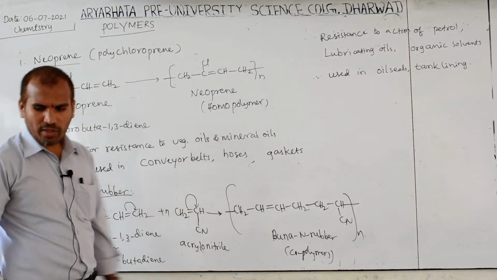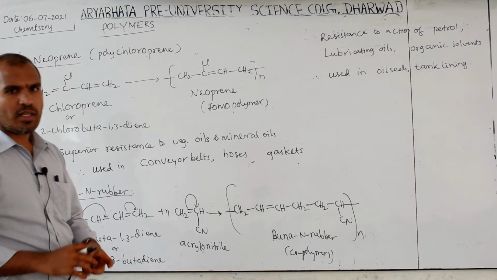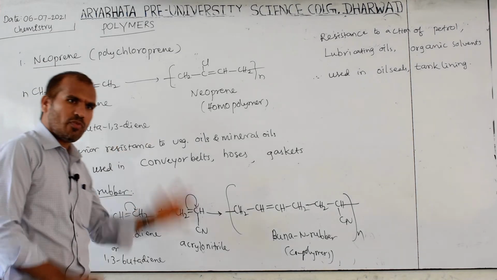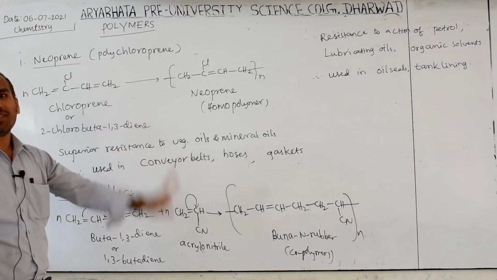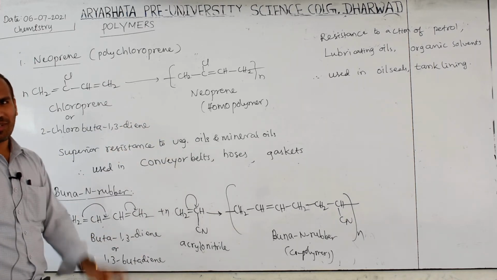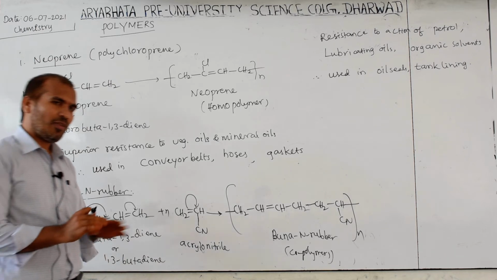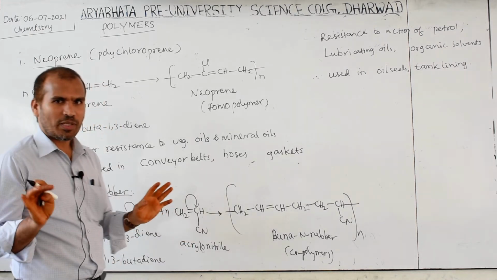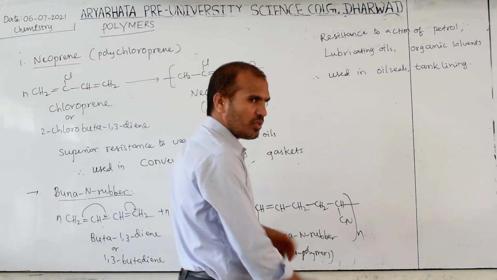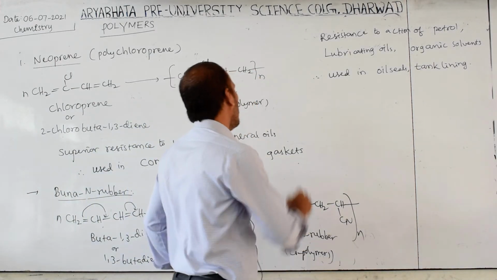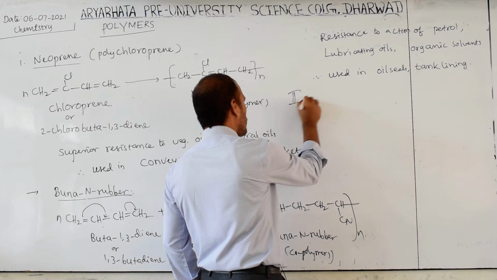So in total how many rubbers are there? These are 3, another one natural, 4. So now which is completed? Addition polymers are completed. Only addition polymers. So wherever given in your textbook, all addition polymers are completed. Next one is condensation polymers, Roman numeral 2.